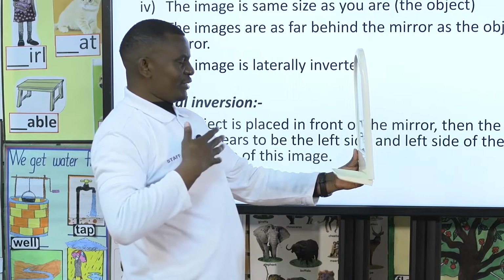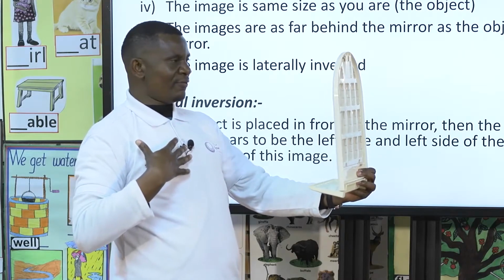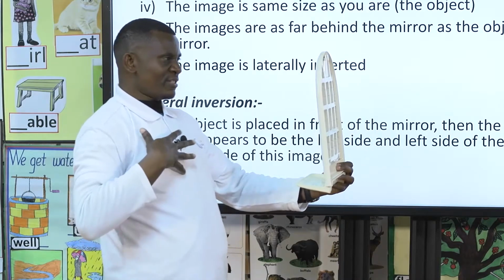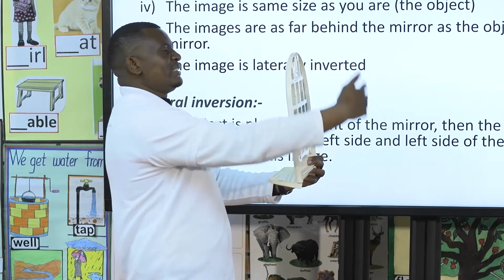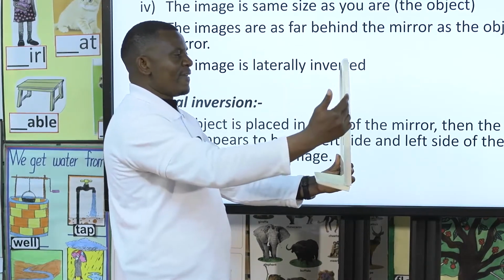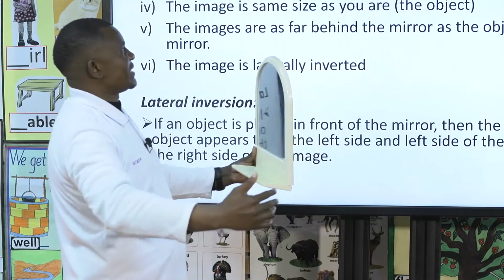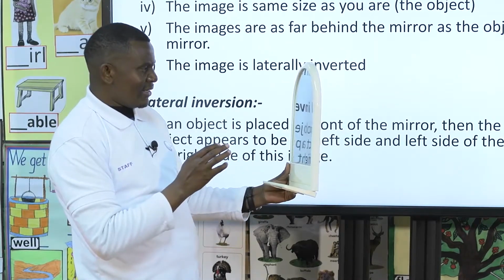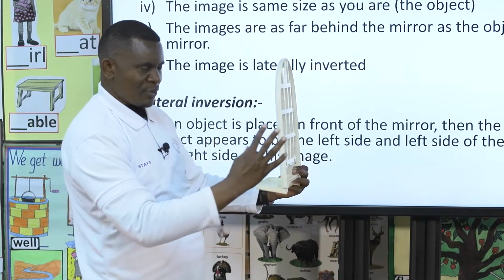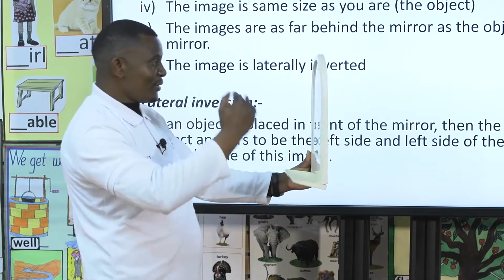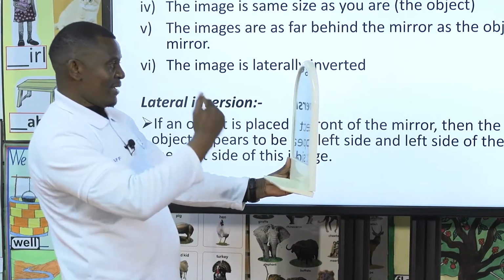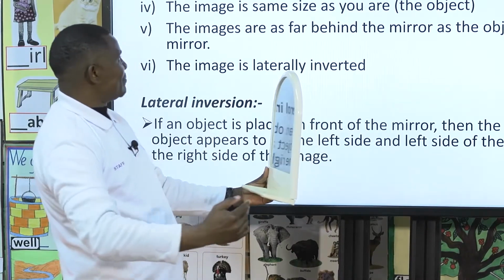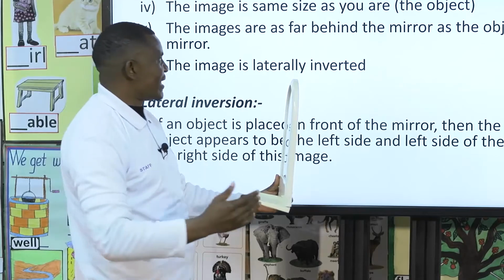The object, which is myself, and the image that is being formed are the same size. When I look at myself in the mirror, I don't see myself small. I'm looking at myself in the mirror as big as I am.